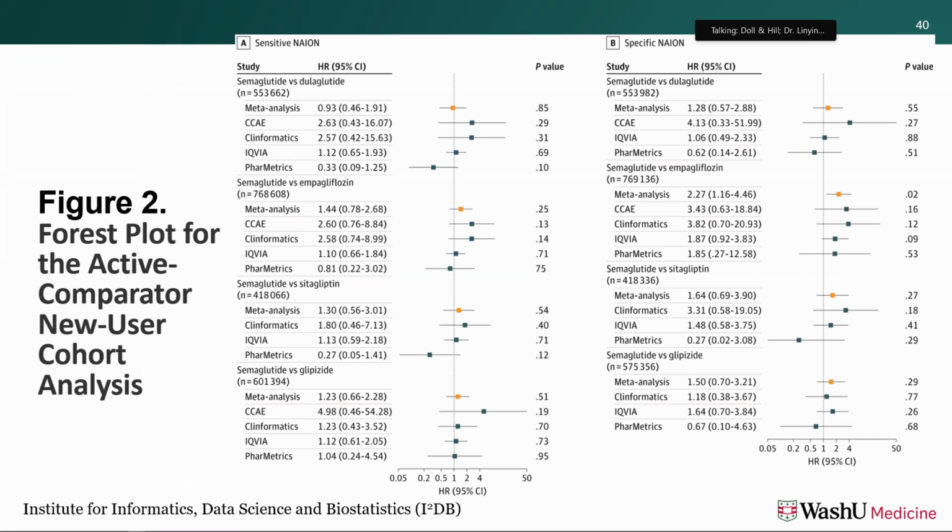So the overall message from this study is that yes, there could be a slightly increased risk of NAION among semaglutide users compared to this other drug, but the ultimate benefit versus risk assessment is up to the clinician.